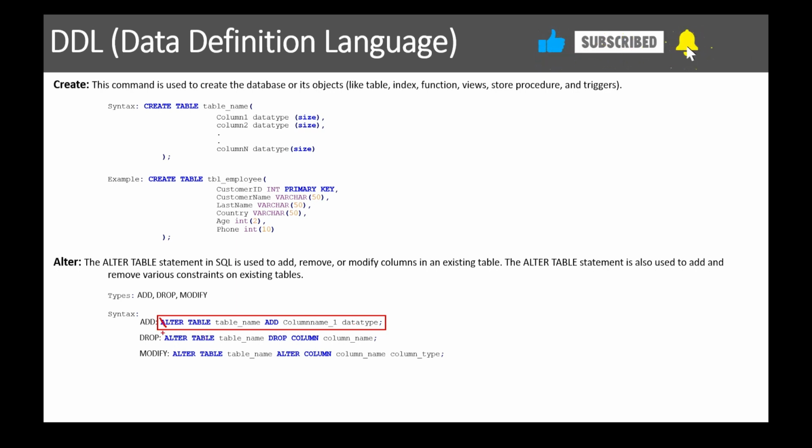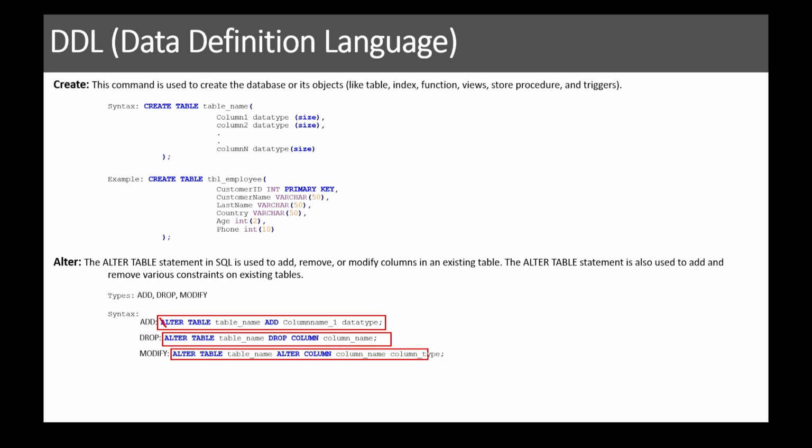And same thing for drop. For alter table name, what we wanted to do here is drop an existing column, so drop column and that column name. Okay, so this is how we can drop an existing column. Now, modifying an existing column: alter table name, and alter column.